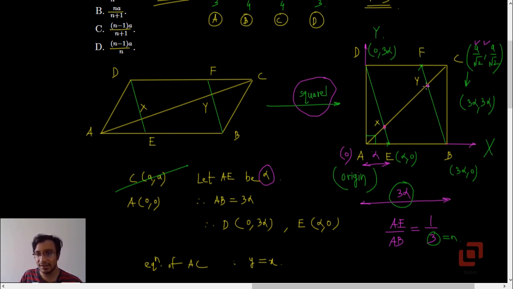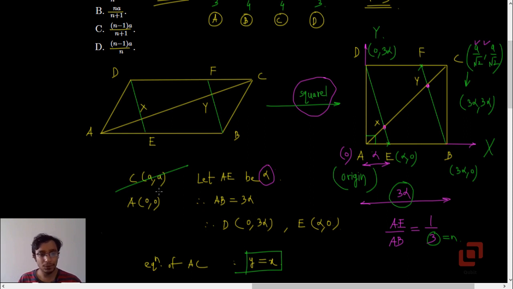These points, as I pointed out, lie on the diagonal of square ABCD, and bringing in coordinate geometry and considering this to be a square allows us to find the equations of DE and AC. The equation of AC is already known to us, y equal to x. What is the equation of DE? Can we find it?